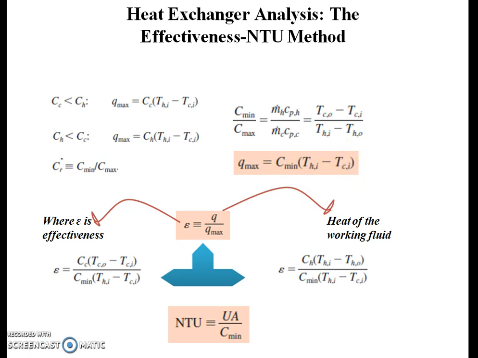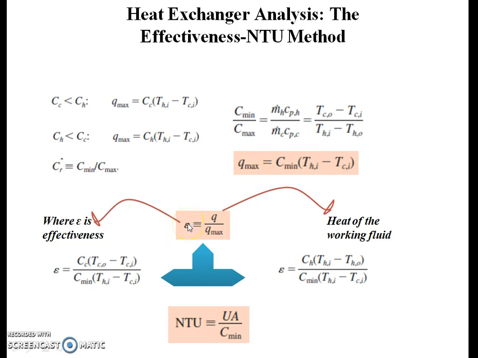Also, the most important thing in this kind of heat exchanger method is to identify which one is the working fluid. Is it the cold pipe or the hot pipe? By identifying the working fluid and calculating the Q maximum, we will be able to calculate the effectiveness.